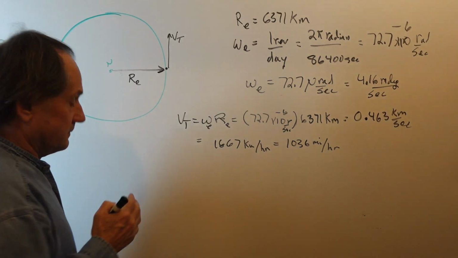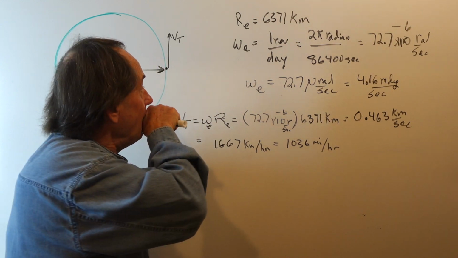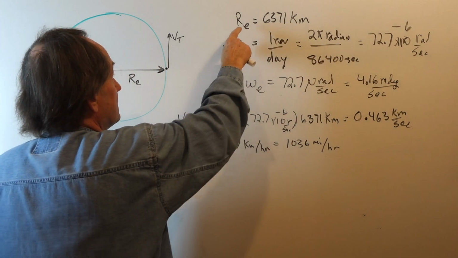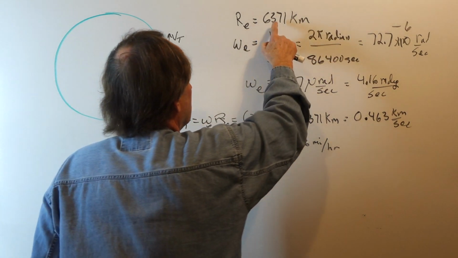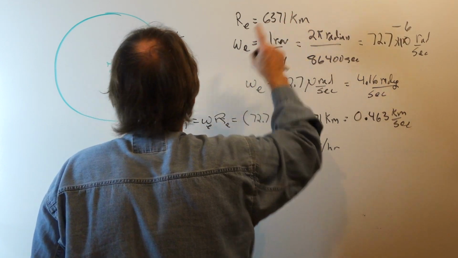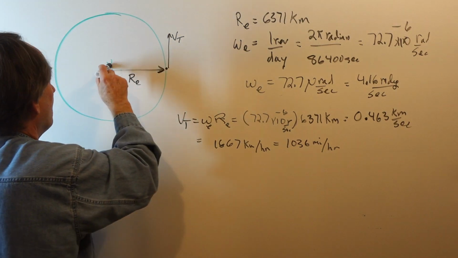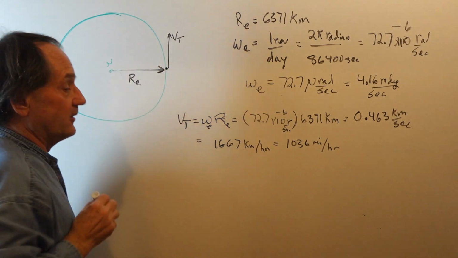The Earth is rotating about its axis at 1 revolution per day. The radius of the Earth, from the center of the Earth out to the equator, has a mean value of 6,371 kilometers. Here we're looking at the Earth from the top down, from the North Pole. Here's the North Pole, and the edge is the equator.